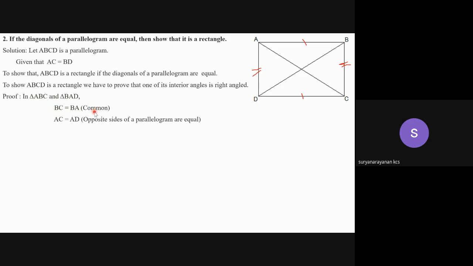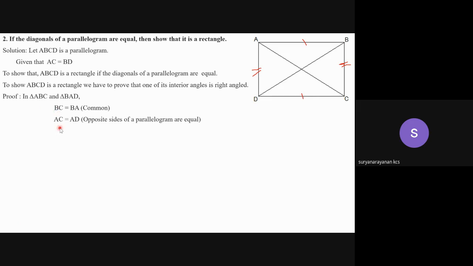Okay. Next, AC is equal to BD, not AD. Here also, BC is equal to AD. Yes or no? Here also there is a print mistake. BC is equal to AD.